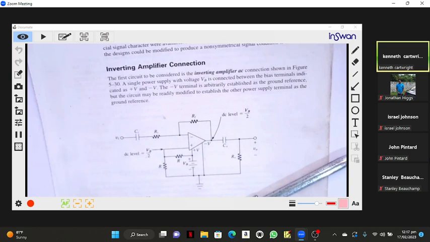Why do I hear silence? Folks, what's the purpose of this capacitor? I said it to you earlier. What's the purpose of these two capacitors?